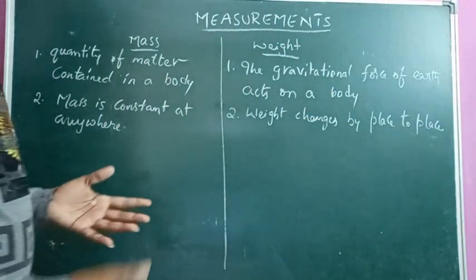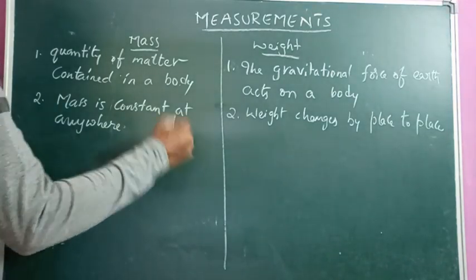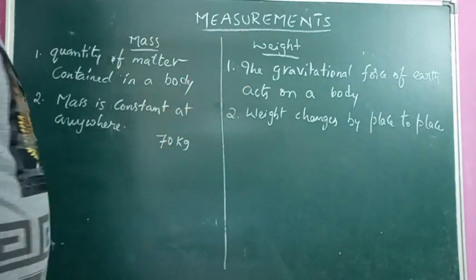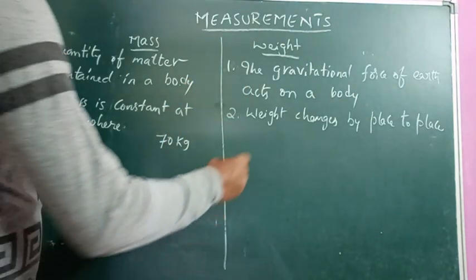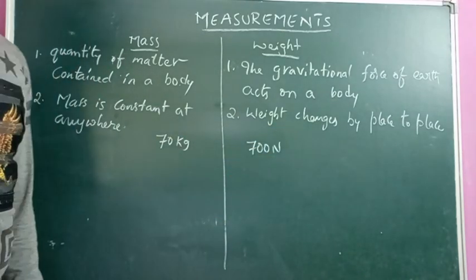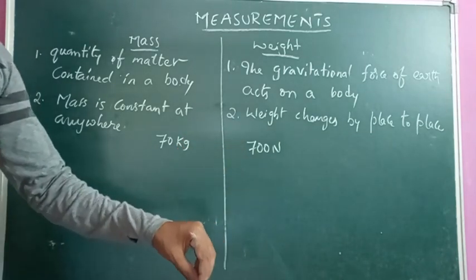Suppose the mass of a body is 70 kg, which we are measuring at this place. The weight for 70 kg is, let's say, 700 newtons. These values are measured at this place.